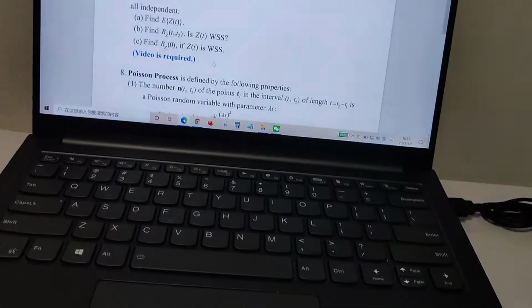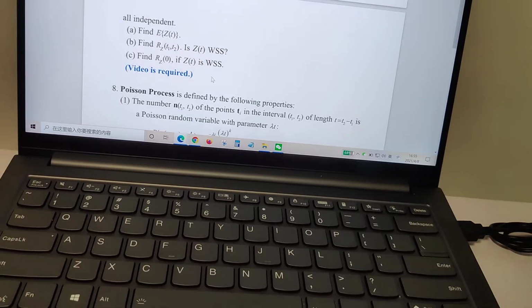So for question A, the expectation of Z(t) equals 0.